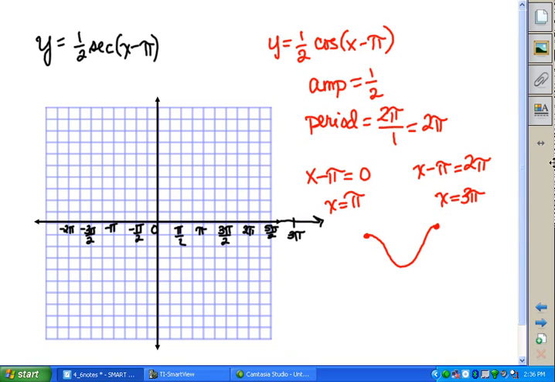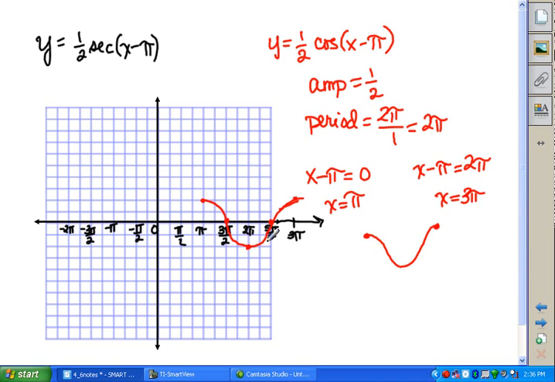Okay. So at pi, it's going to be up at 1. At 3 pi, it's going to be up at 1. 2 pi will be down to -1. And then at 3 pi over 2 and 5 pi over 2, it's going to reach its 0. So there we have one cycle of this cosine graph.